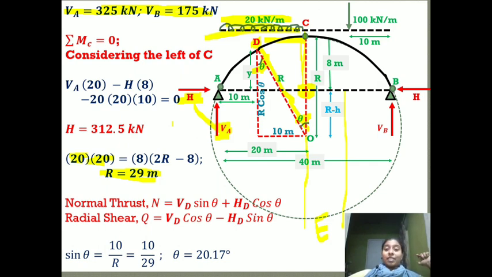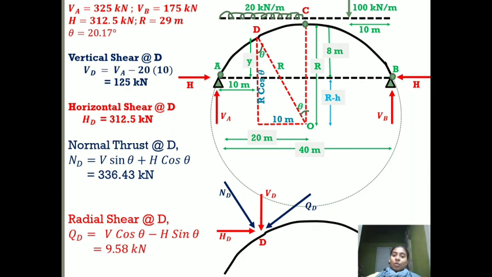This is 10 meter because x is taken at a distance of 10 meter. In the right angled triangle, the x distance is 10 meter and the y distance is r cos theta. That means r sin theta is 10 meter. So sin theta is equal to 10 by r. We get theta is equal to 20.17 degrees.